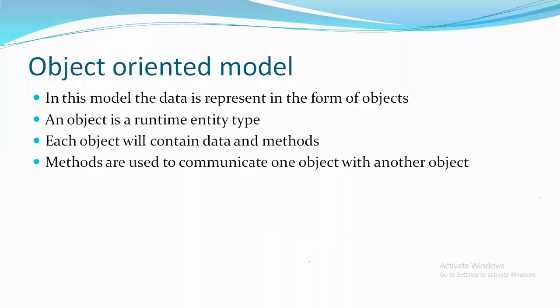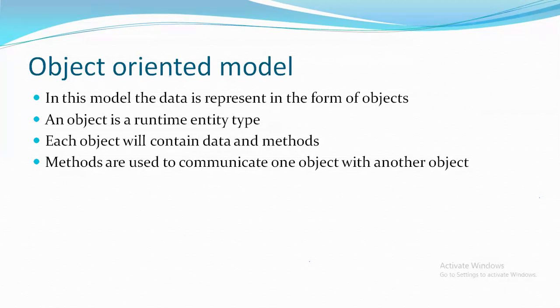One is called the hierarchical model. In a hierarchical model, the data is represented in the form of trees. The top node is called the root node, and the bottom node is called the leaf node. It supports one-to-one and one-to-many relationships because a parent node has one child or many children.